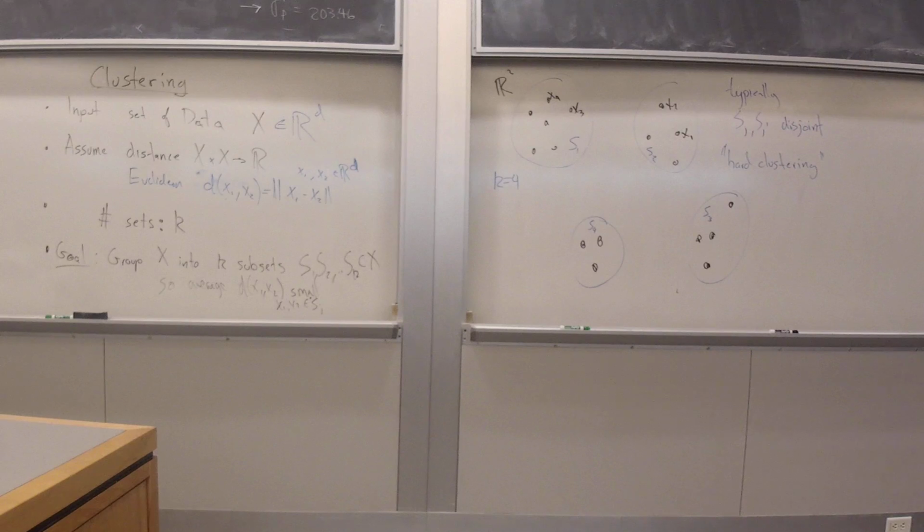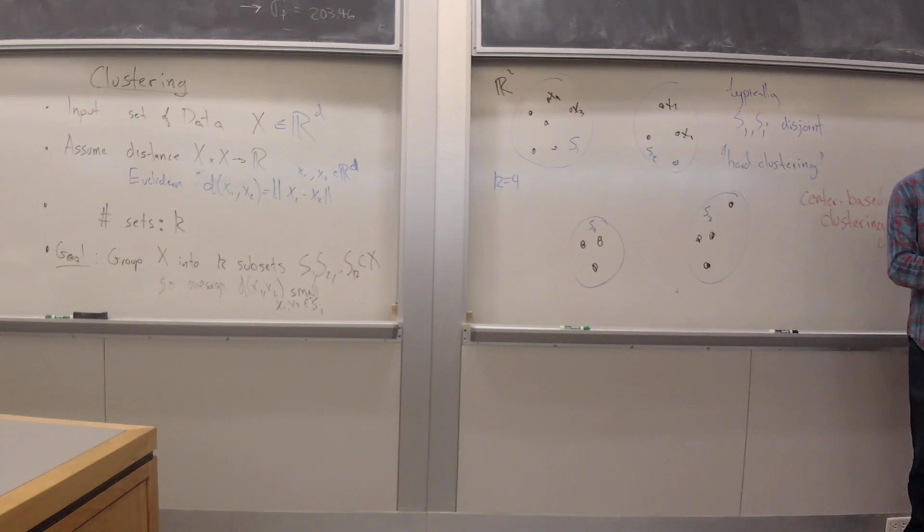Okay. I'm going to tell you very briefly the family of things we're going to be doing. We're going to be looking at these clusters based on centers. Center-based clustering.